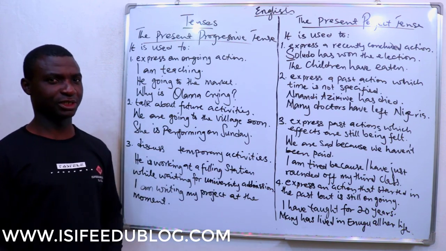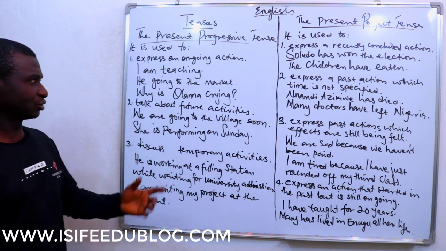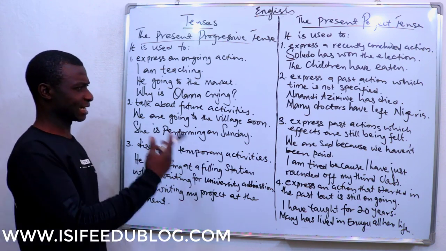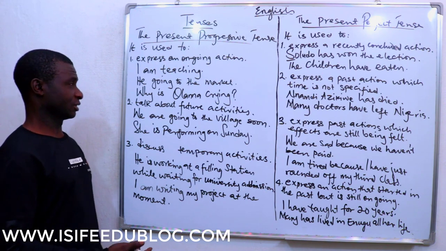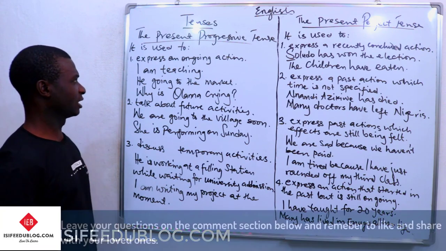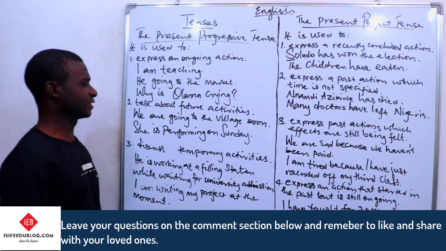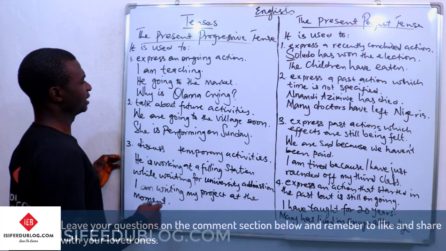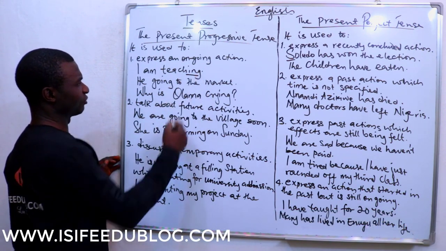That's an ongoing action. He's going to the market. Why is Olanna crying? The expressions could be in question form. You can see that in forming the tense here, we need the ing form.